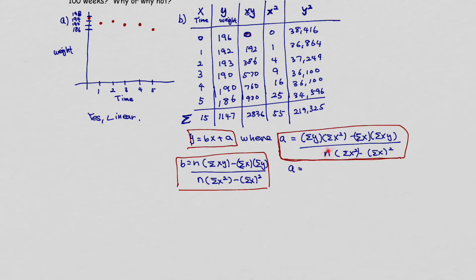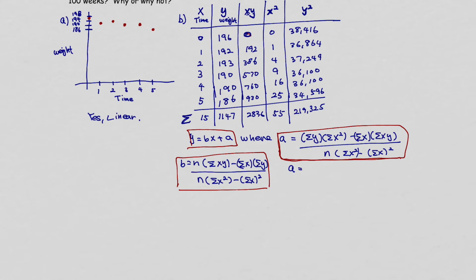And then n will be the number of the data. So how many data points did you have? 1, 2, 3, 4, 5, 6. So n becomes 6. This is going to be summation of x squared again, minus summation of x, squared. So you're going to square this number, which is going to give you 225, right? So I'm going to write that down.